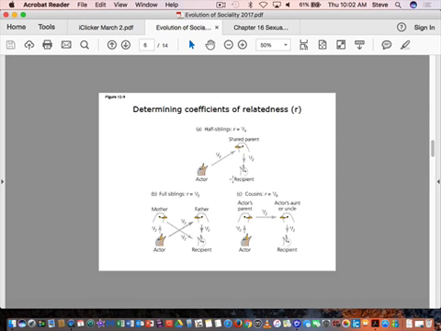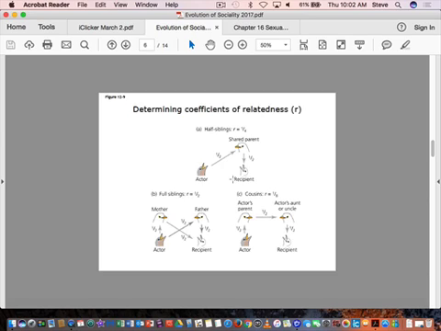So here's your book. It had different ways. This is from the previous edition, which is a little better. There are lots of different ways to do this, but for determining the coefficient of relatedness, let's look at an example of half-siblings. If you have any half-sisters or half-brothers, this will tell you in general how many genes you share in common.